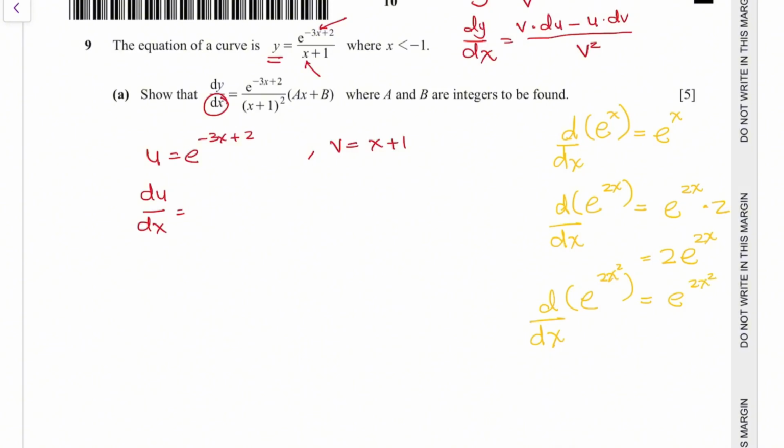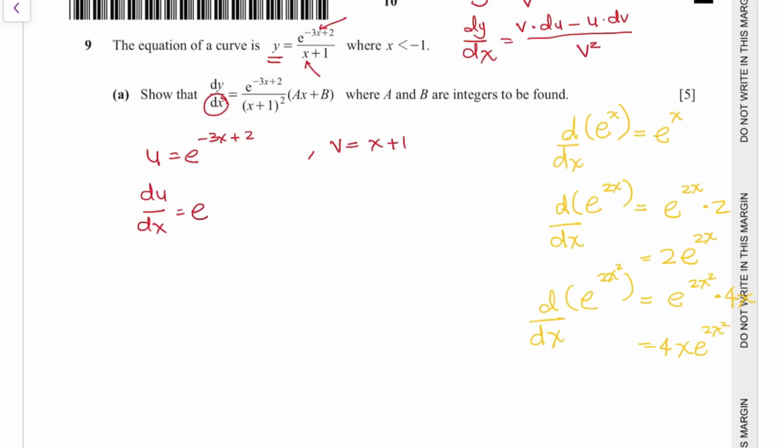You can see that I'm just rewriting this, and I am going to multiply with the derivative of the index of e, which is times 4x, or it will be 4x e to the 2x squared. Okay, we good?